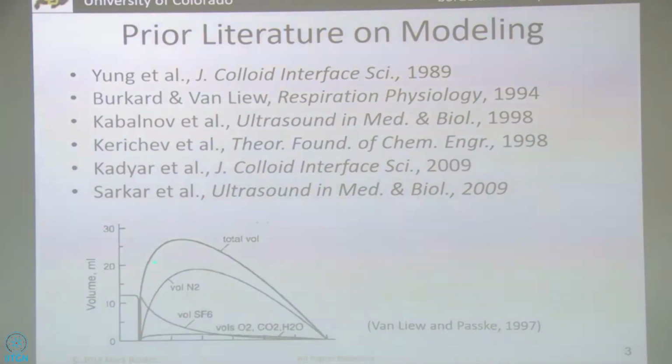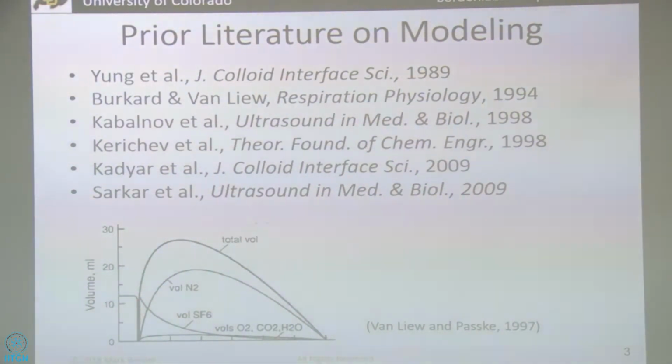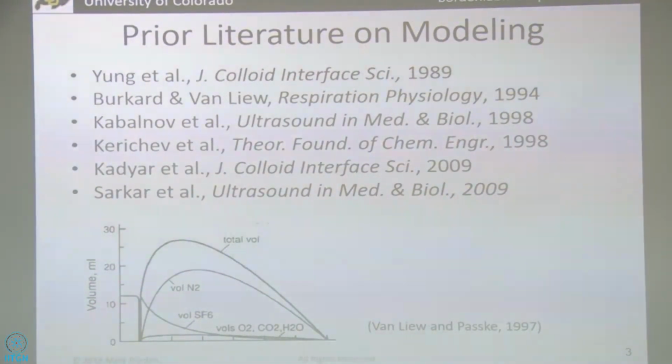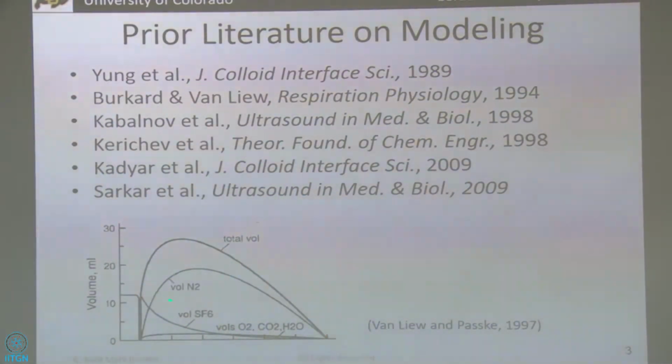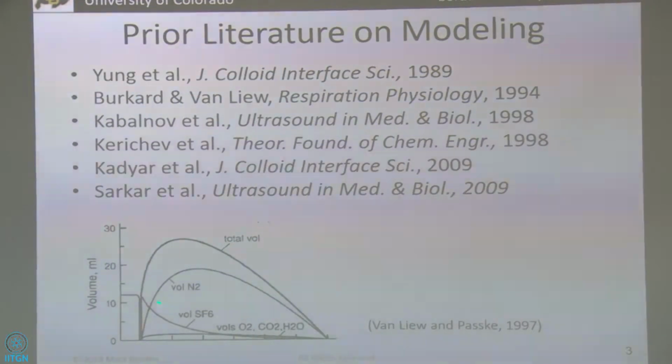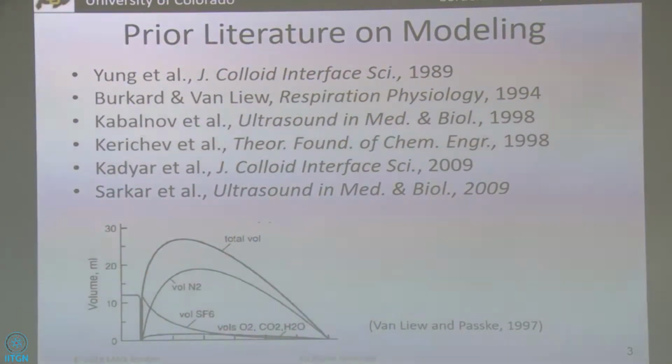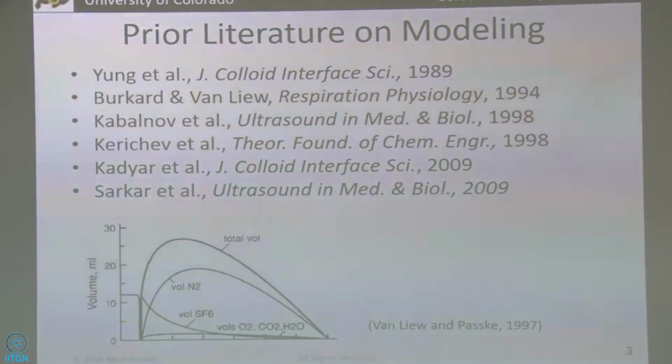It starts here, then it jumps up, and then it goes back down. So the bubble actually grows and then shrinks. The volume of SF6 is going down, but the bubble is growing because there's a large influx of nitrogen. And there's also a small influx of other gases present in venous blood, such as oxygen, carbon dioxide, and water.